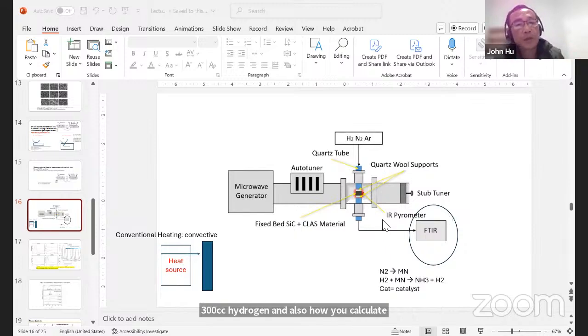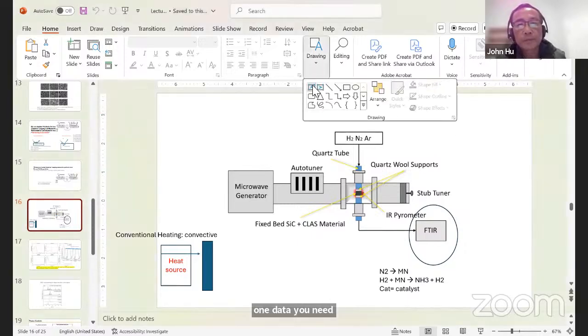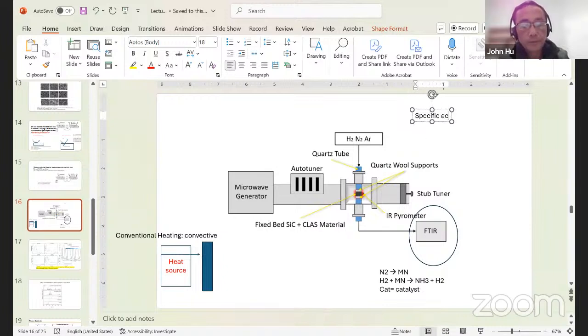All right. So after you calculate conversion, there is one more data you need, I'm going to write it down. You need a data called specific activity.